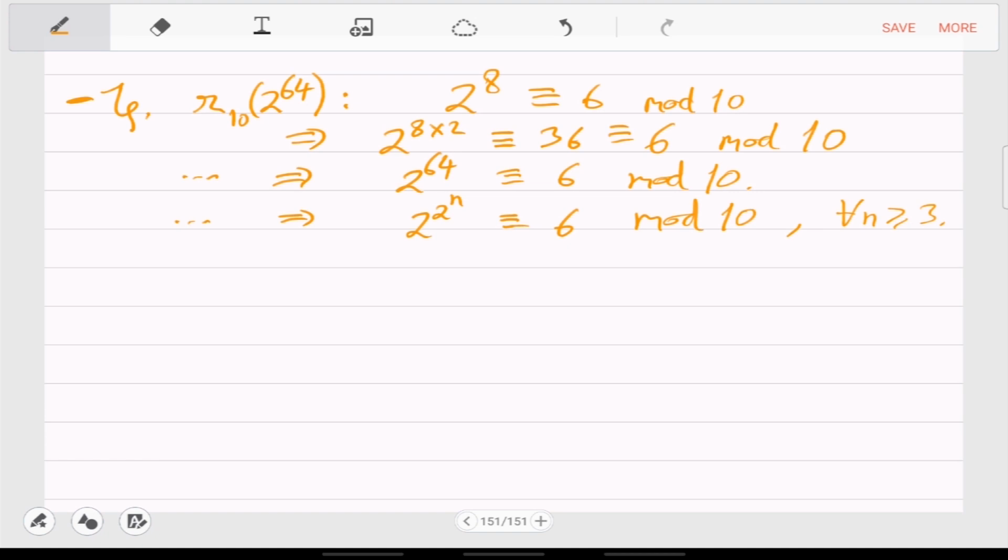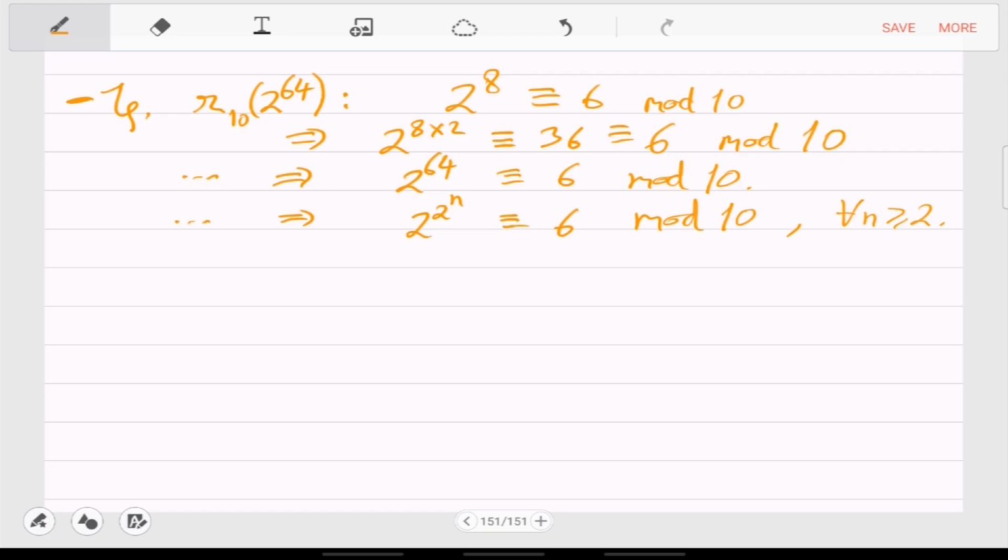So for all n greater than or equal to 2. It's only n equal to 1 where you get 4.